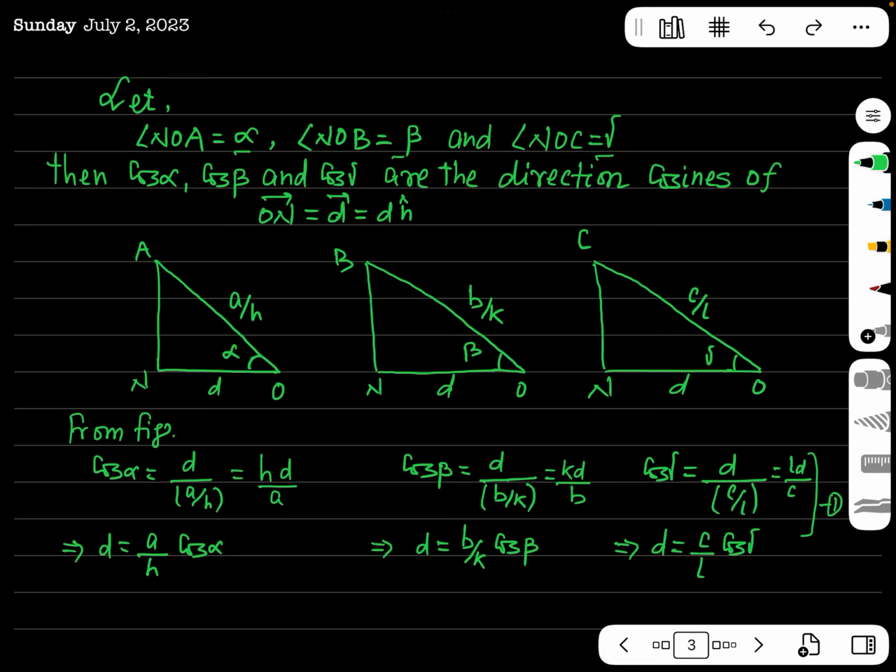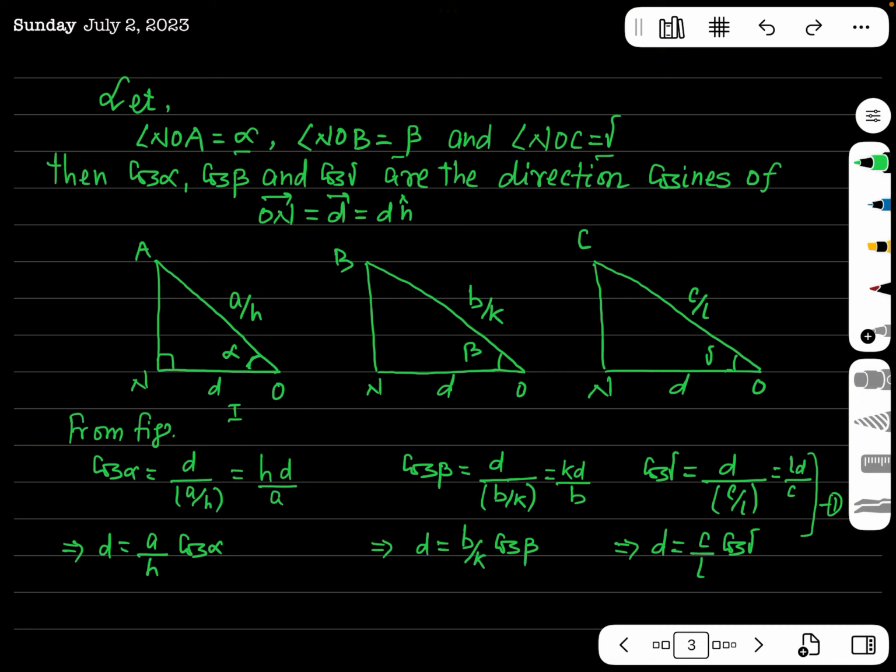As a perpendicular has been drawn from O and falls at point N, the angle at N is equal to 90 degrees. And this angle NOA, as you can see in the first figure, we have assumed to be alpha.